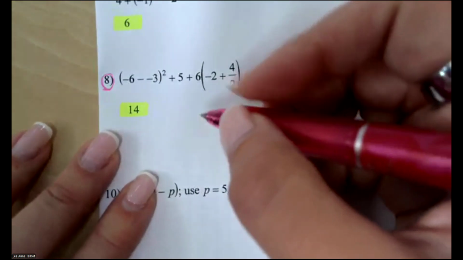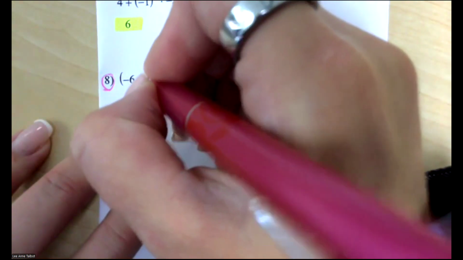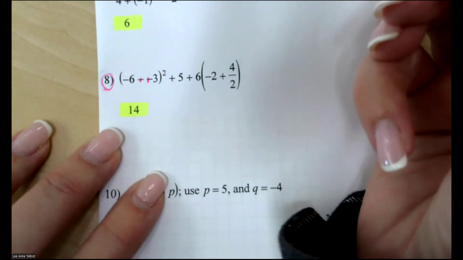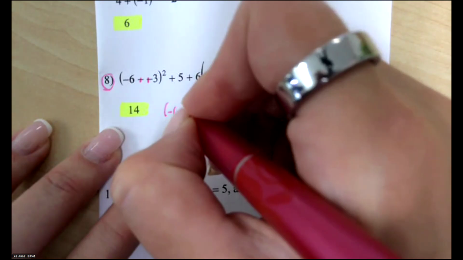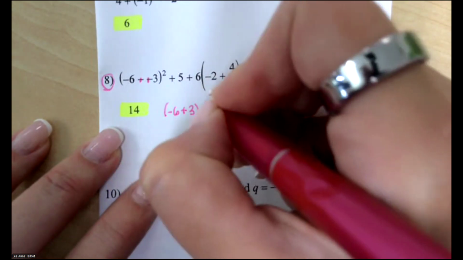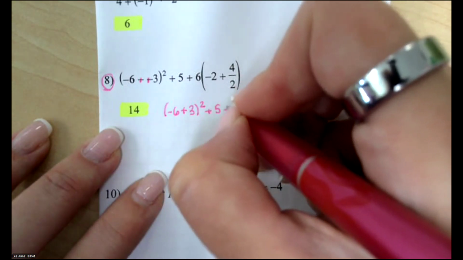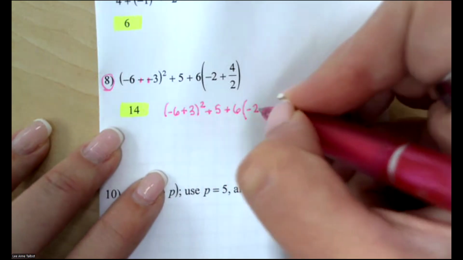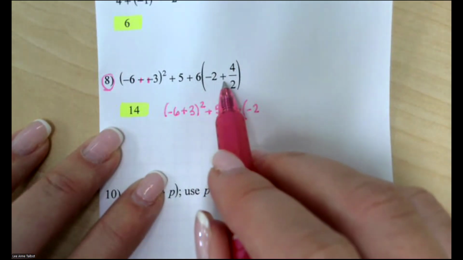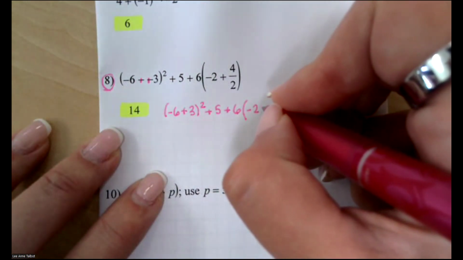Okay, so the first thing I'm going to do is come into these parentheses and make that plus. So I have -6 plus 3 squared plus 5 plus 6 parentheses -2. Okay, and then I'm going to take this 4 divided by 2 and make it 2.